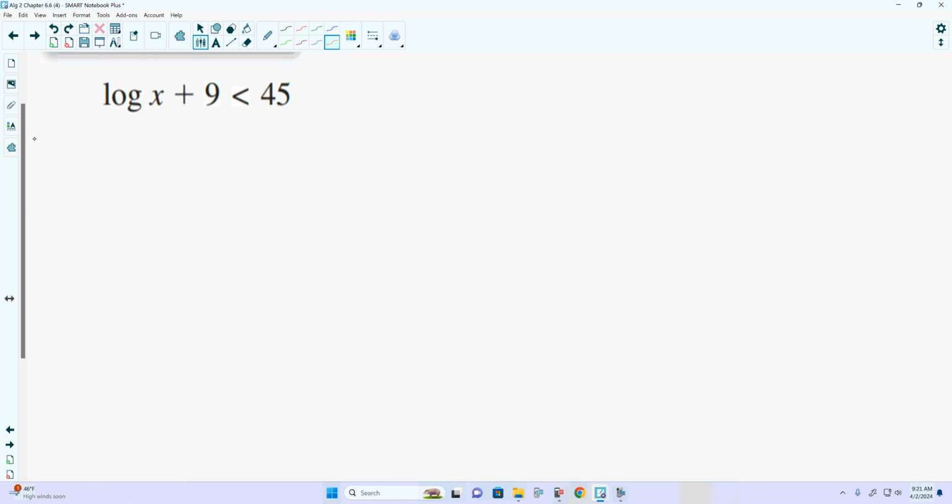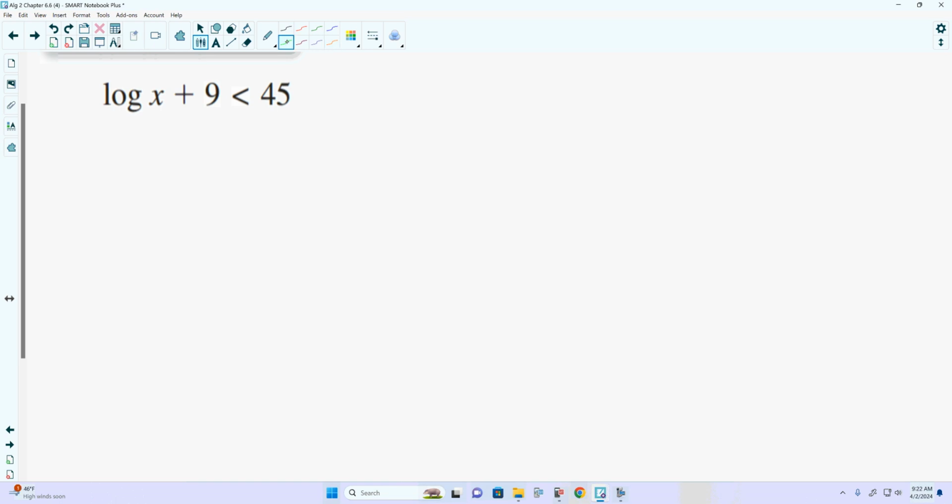Because there are no parentheses, just the x is inside the log, and the plus 9 is outside. This is the correct notation, but if x plus 9 was inside the logarithm, they would specifically put the parentheses. I'm not as big of a fan of it. I'd rather have it specifically stated what is and what isn't, not assuming we know the terminology. But we'll look at this in two cases because I do want to see that other one.